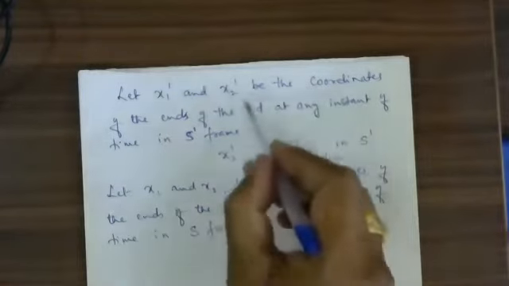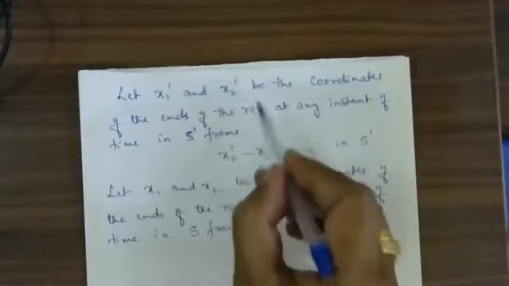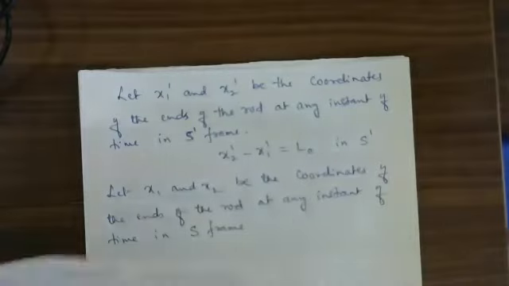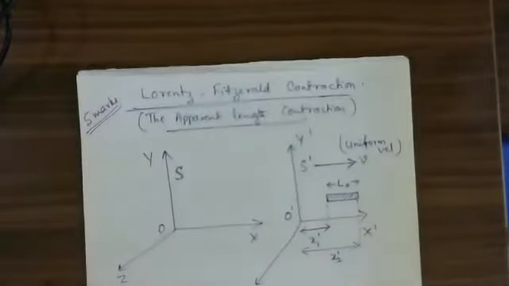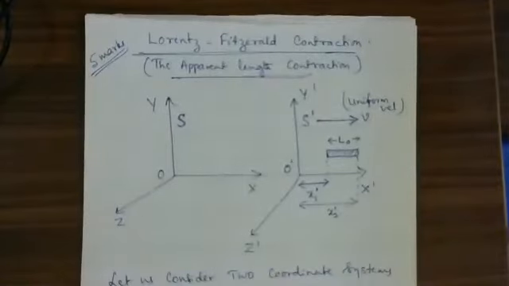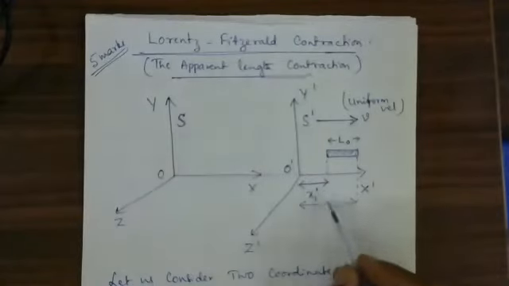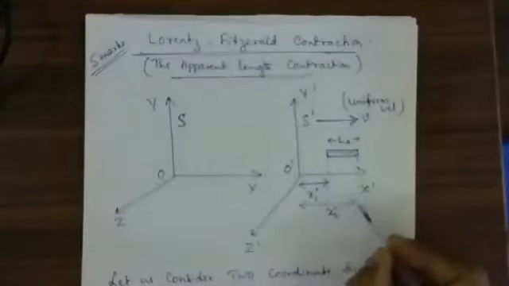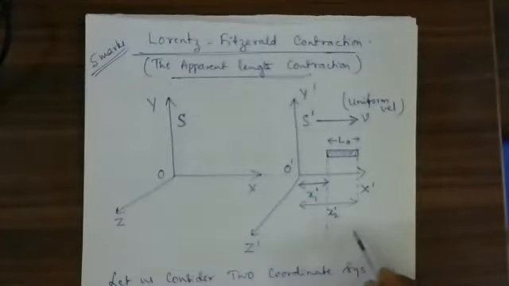I hope you have understood about this. I am supposed to show this in the diagram, in which I have to show x1 and x2. One end of the rod is present here, and another end of the rod is present here.